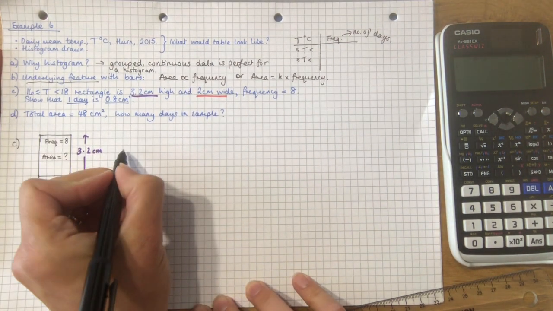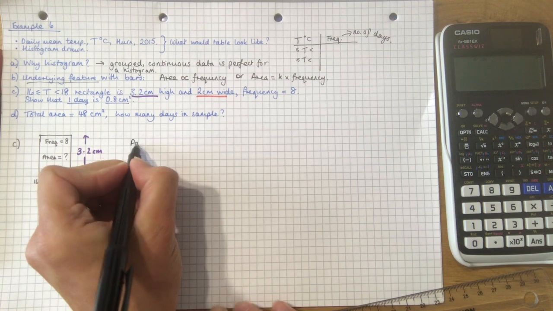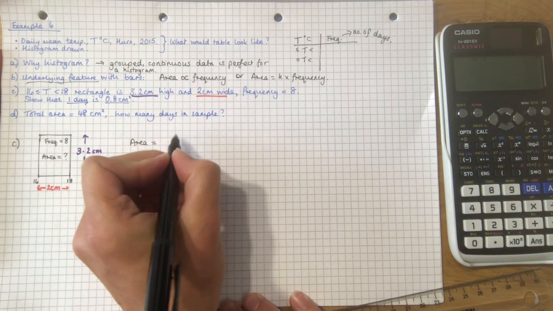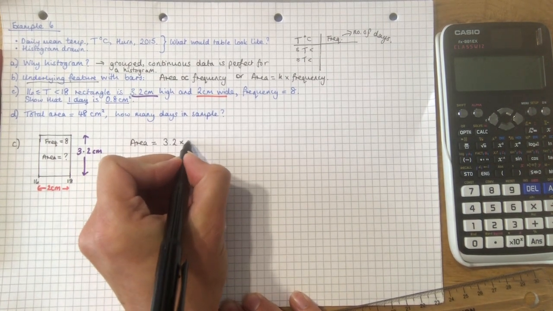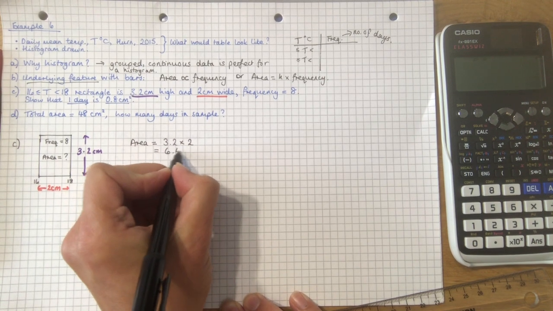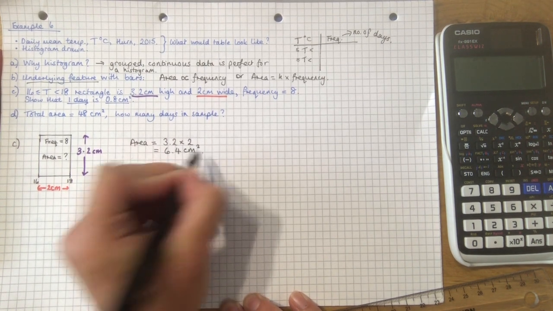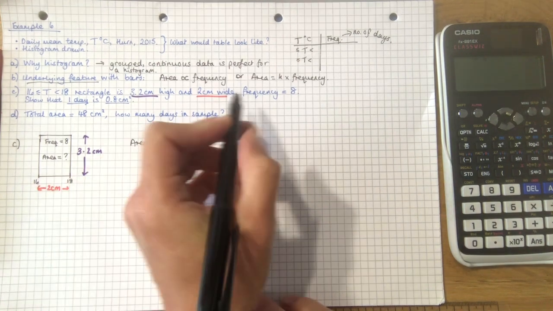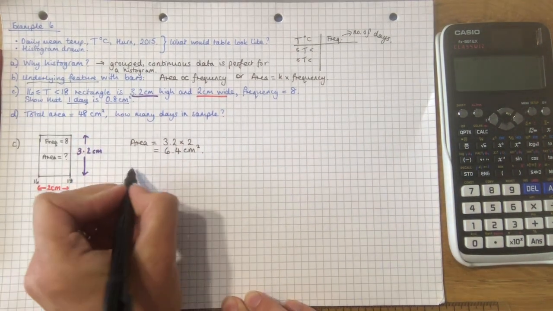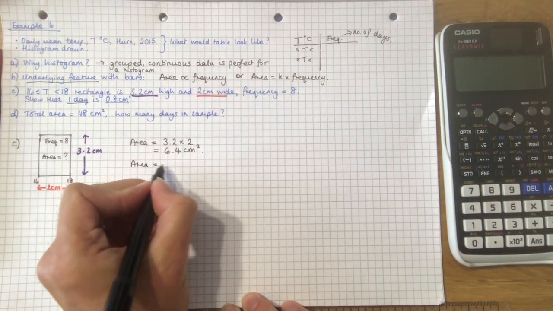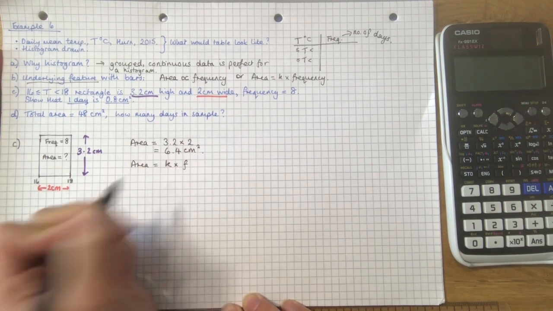So let's work with this a second. The area of the bar is 3.2 times 2, so 6.4 centimetres squared. Now let's write down this underlying feature associated with the bars. The area is proportional to the frequency.